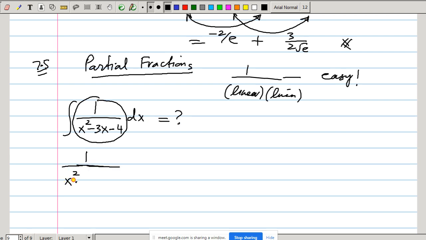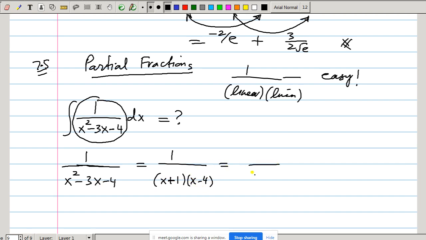So just write this inside function and make factors in the denominator. x minus, x minus. Product should be minus 4, so it can be 1 and minus 4 or minus 4 and 1. But I need sum to be minus 3, so it will be plus 1 and minus 4, because sum will be minus 3.